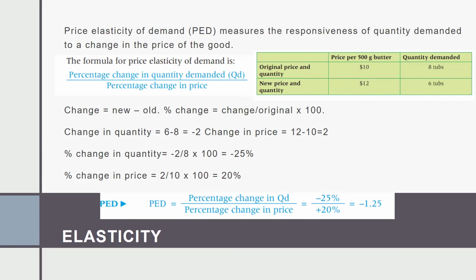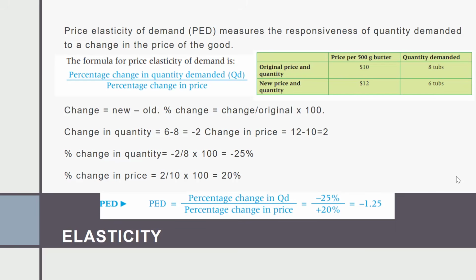The percentage responsiveness of the change in quantity, the responsiveness of demand due to a change in price, is what we call elasticity. If a change in price would change the demand greatly, then we say the good is elastic.